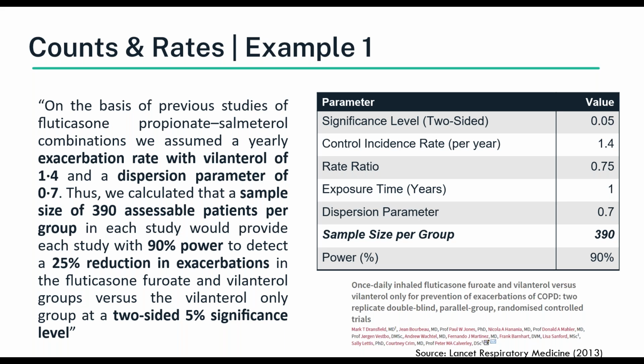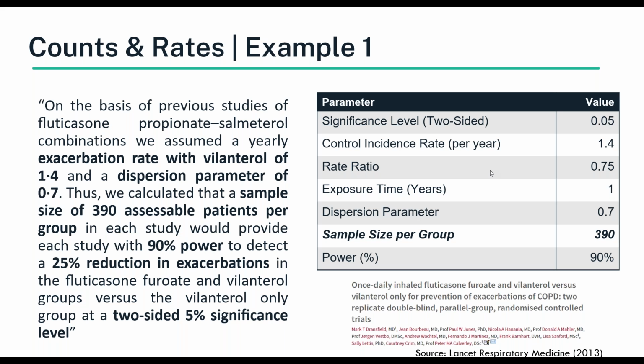So assuming a two-sided significance level of 0.05, a control incidence rate of 1.4 in the vilanterol group, that would be 1.4 events per year or attacks, and then assuming a rate ratio of 0.75, so a 25% reduction in the combination therapy group, an exposure time of 1 year, and a dispersion parameter of 0.7.